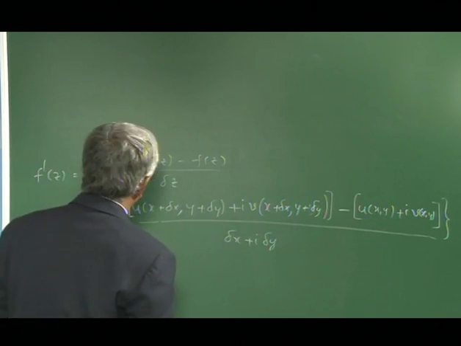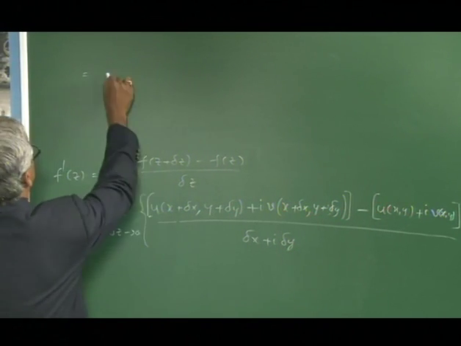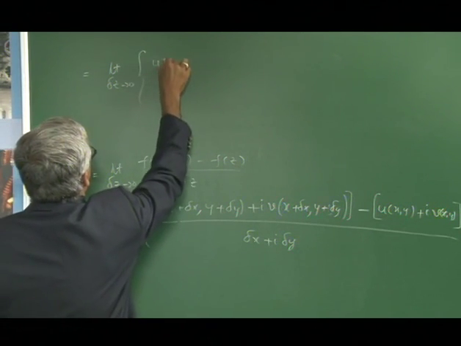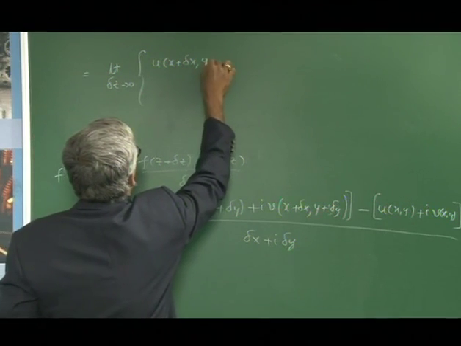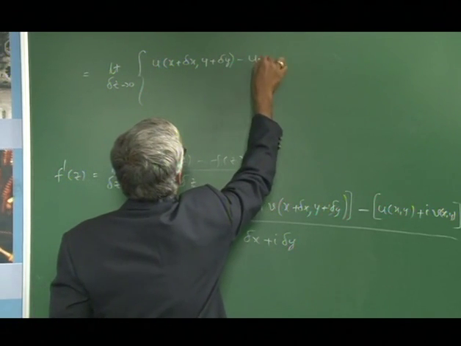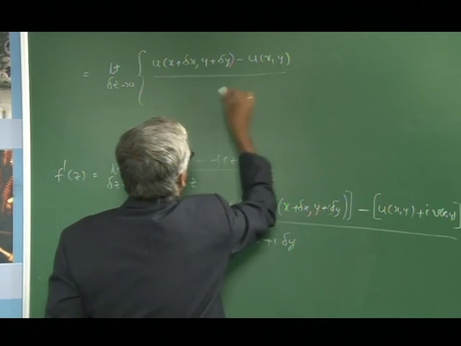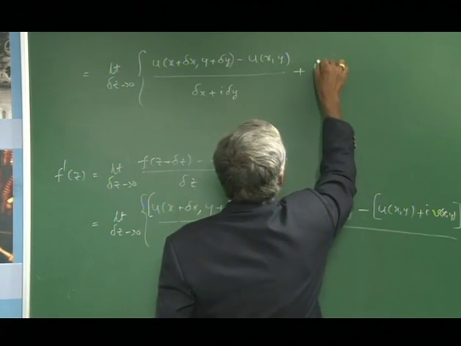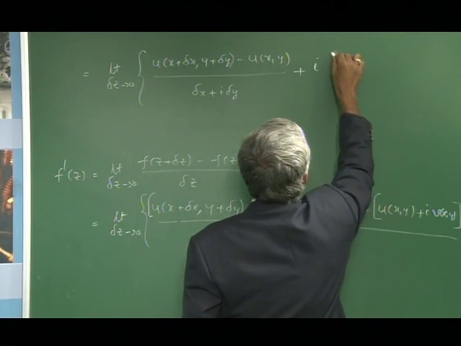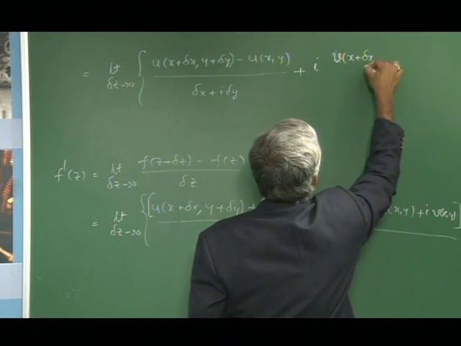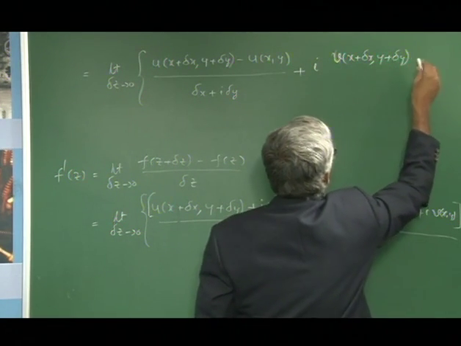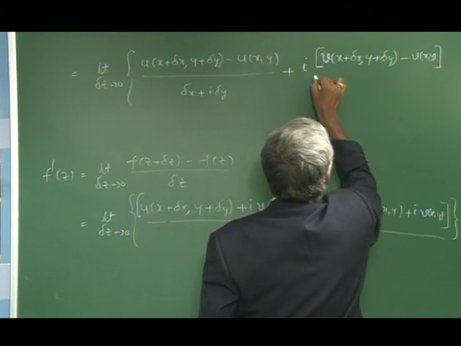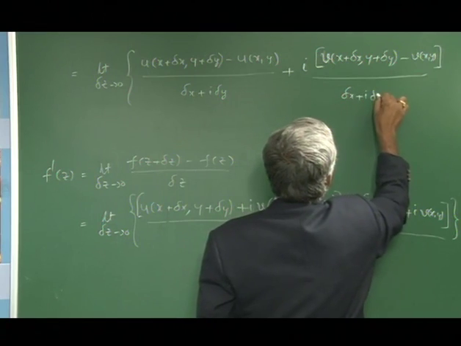From that we can derive this: limit delta z tends to 0 of u of x plus delta x, y plus delta y minus u of x comma y divided by delta x plus i delta y, plus the imaginary part, that is i times v of x plus delta x, y plus delta y minus v of x comma y, divided by delta x plus i delta y.